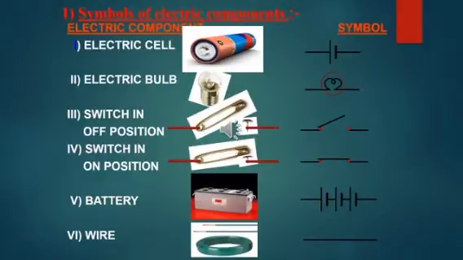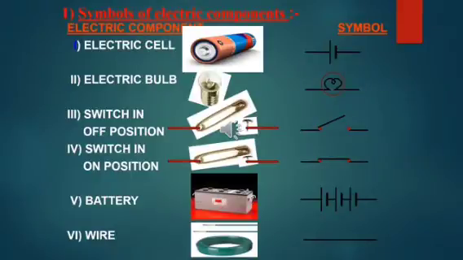You were given a piece of wire, a bulb, and a cell, and you were asked to make the bulb glow. So I think most of you could do it, and you were all very happy and excited about it.